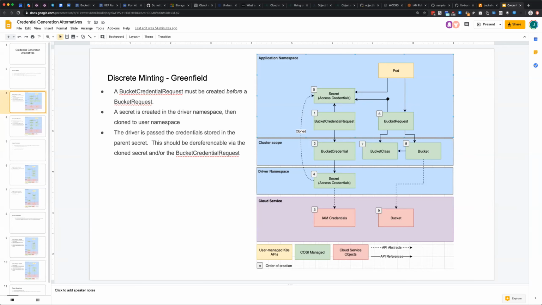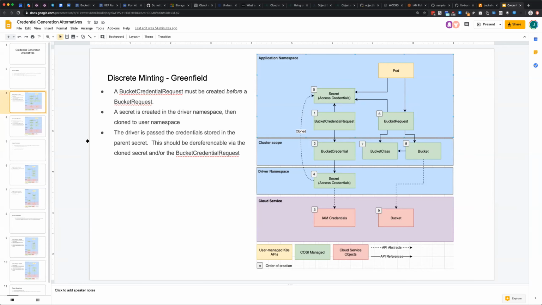It split the API between greenfield and brownfield at that point, because the bucket request in my head is essentially a reference to an endpoint representation. The bucket in the cluster scope is the endpoint.